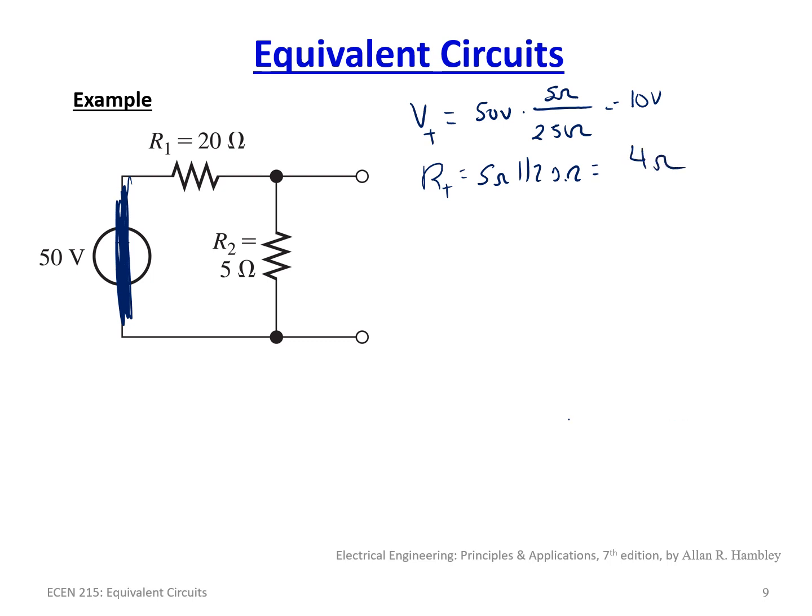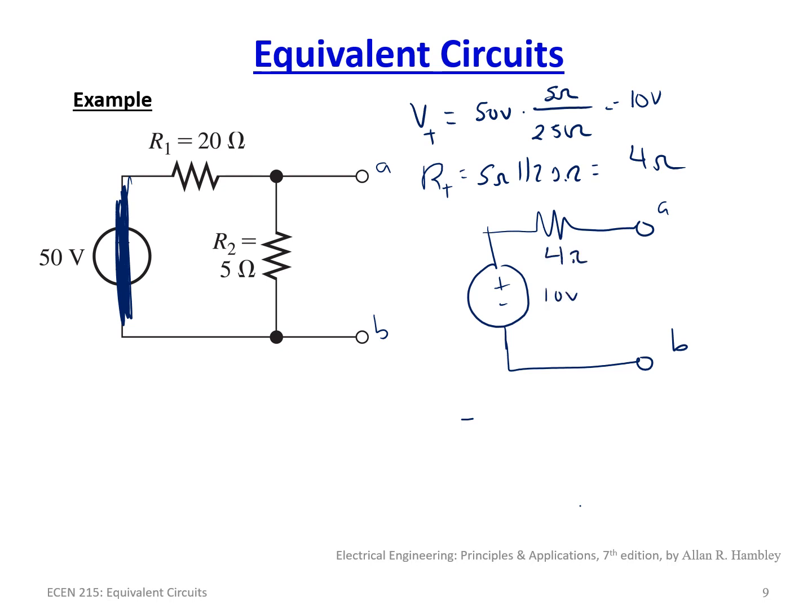And then you draw the circuit. I usually label these terminals A and B. You end up with a 4 ohm resistor here and a 10 volt power supply here.